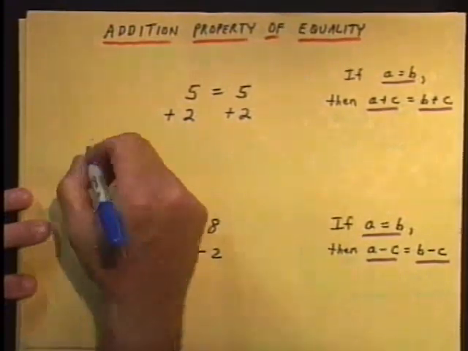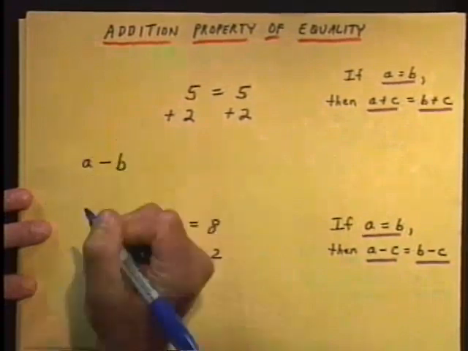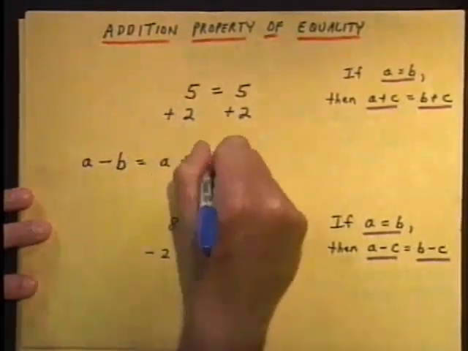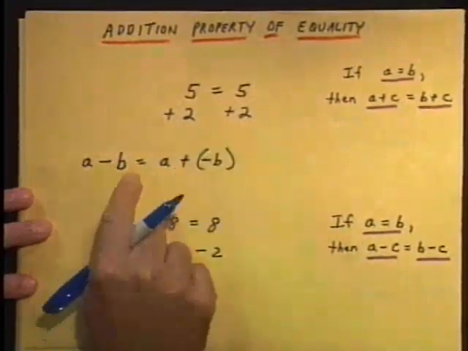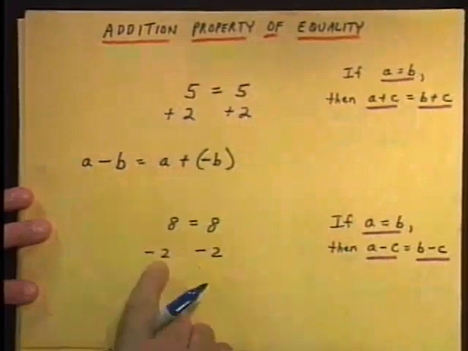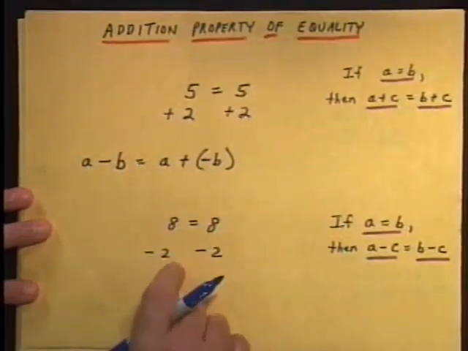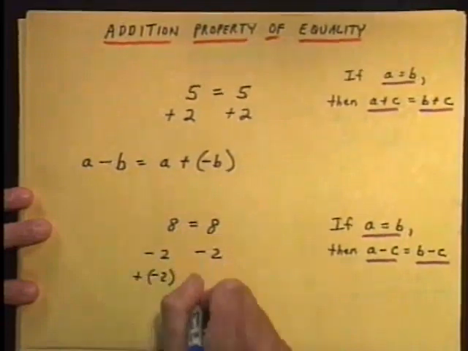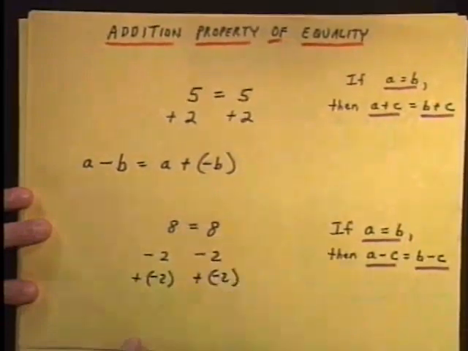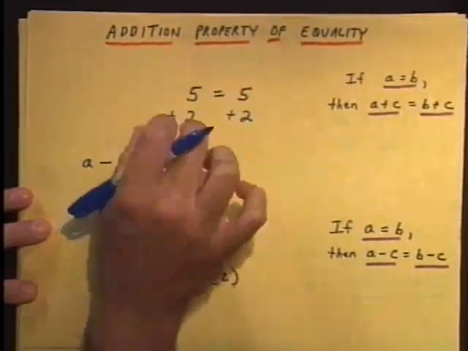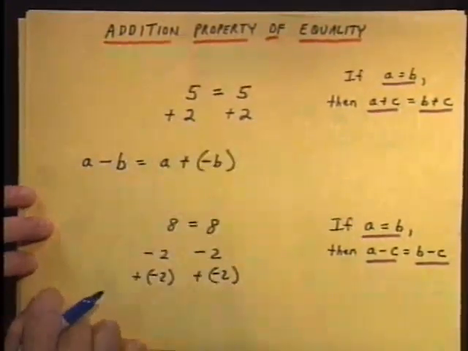The definition of subtraction said that you can write anything A minus B as A plus a negative B. So subtraction can be rewritten as addition. Therefore, the use of subtraction here, 8 minus 2, could be written as 8 plus -2, adding a -2 to both sides of the equation. So the addition property really holds for both addition and subtraction.